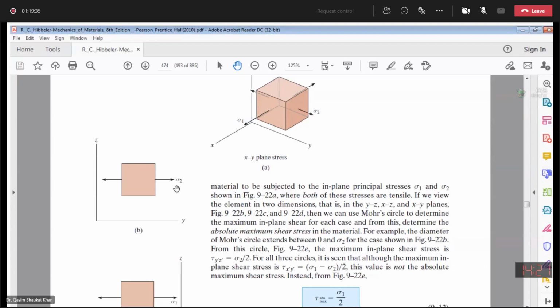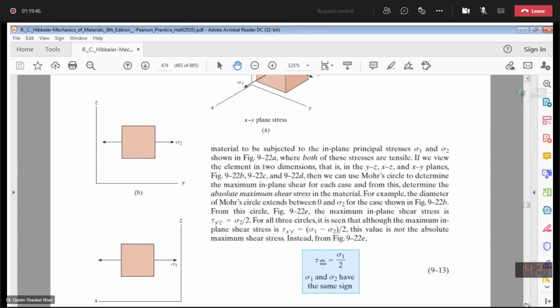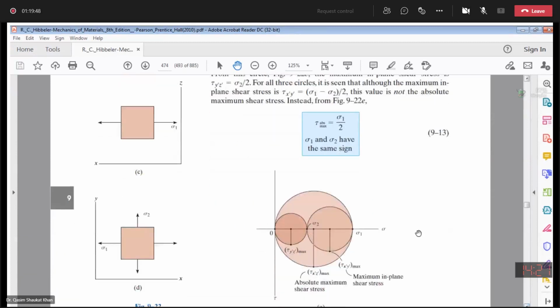If you agree with these three, then we will proceed further. Okay, now we will draw the Mohr circle corresponding to each element, so figures B, C, and D. We have three figures, one corresponding to each.